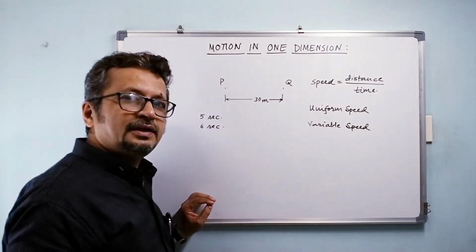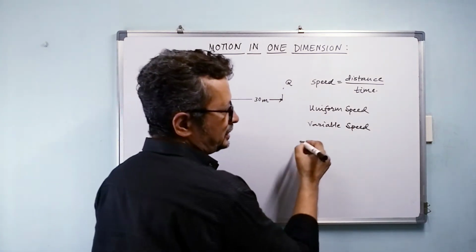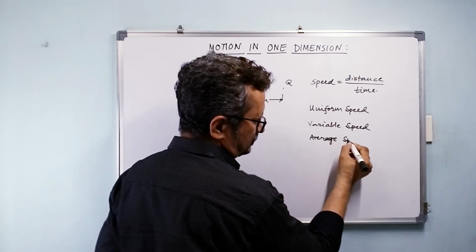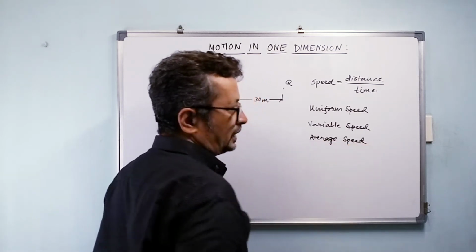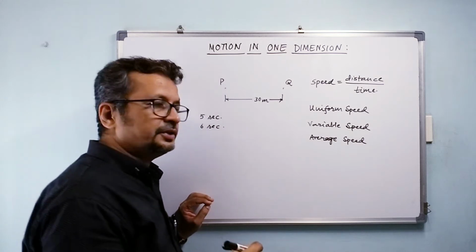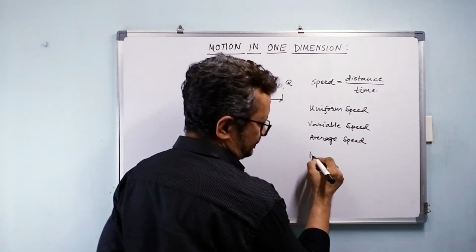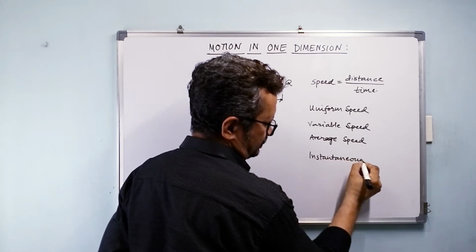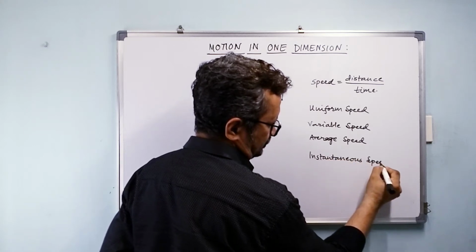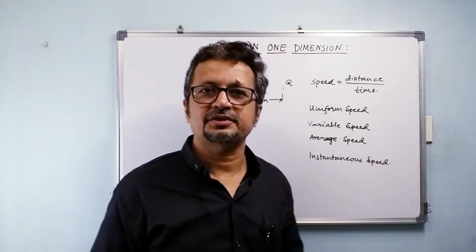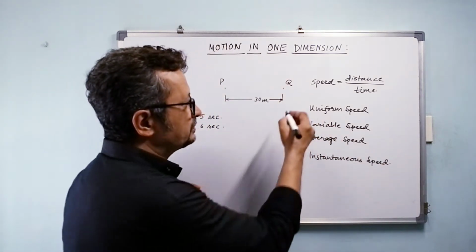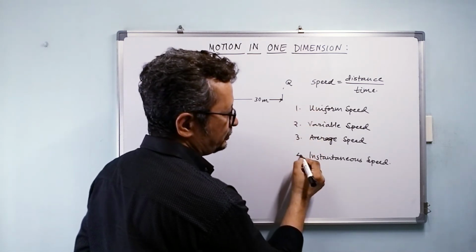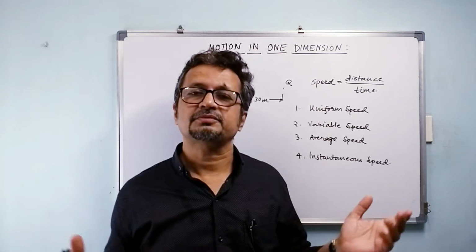Then there would be something called average speed, and the fourth one here is instantaneous speed. Now why these four names? First one is uniform, second is variable, third is average, and fourth is instantaneous. What is uniform speed?